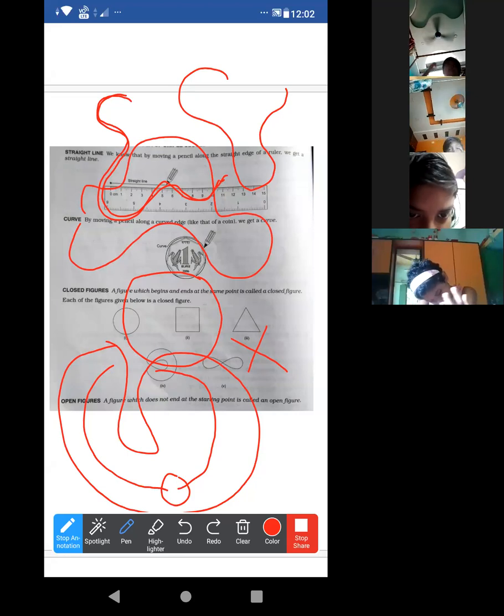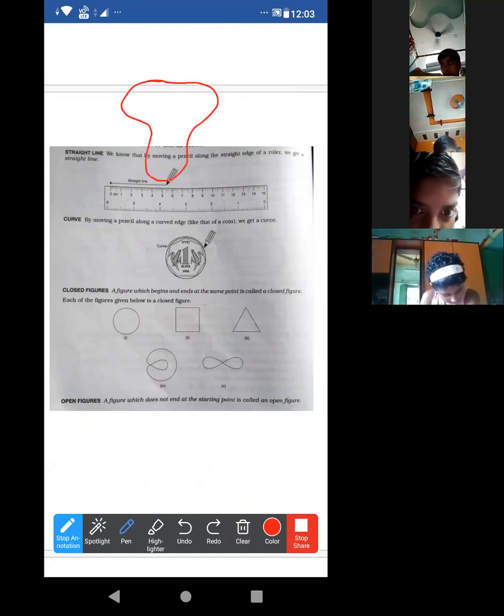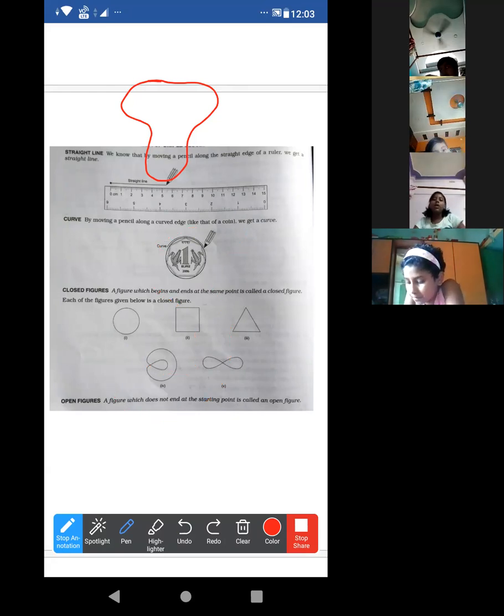Acha, now look, Anjum. Acha, look at this. Acha, now open and close. You have understood too? Close means there will be no gap. And open means this one. It is open figure, na? Now write. Acha, after writing that one curve, just draw any figure.